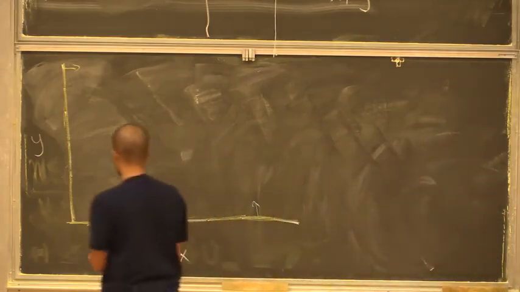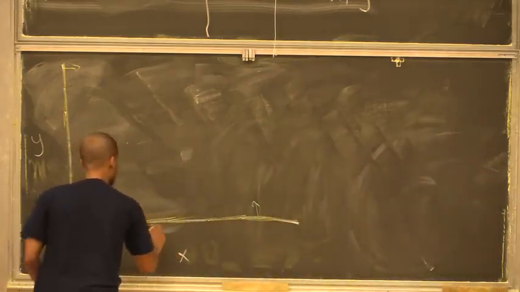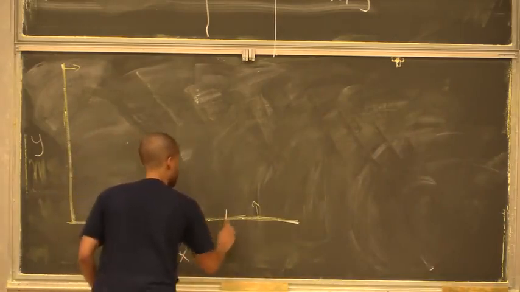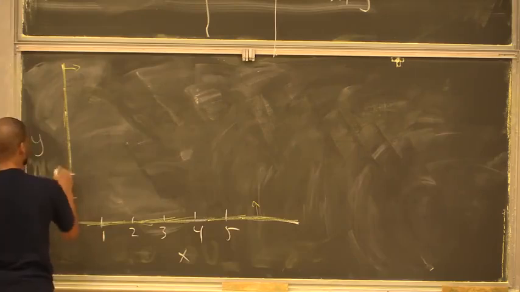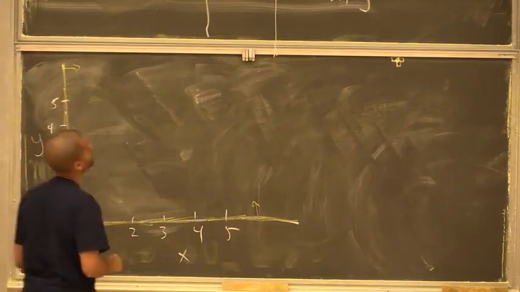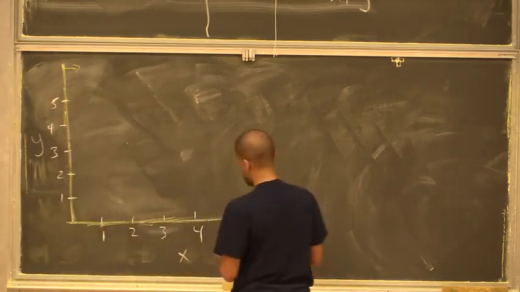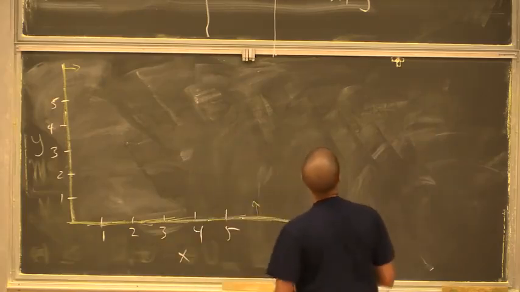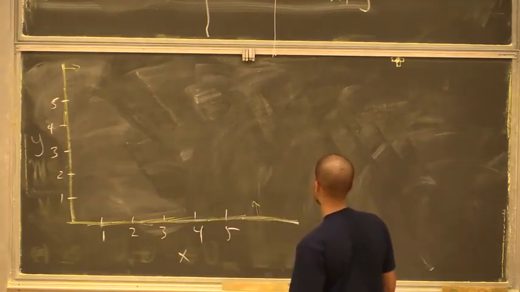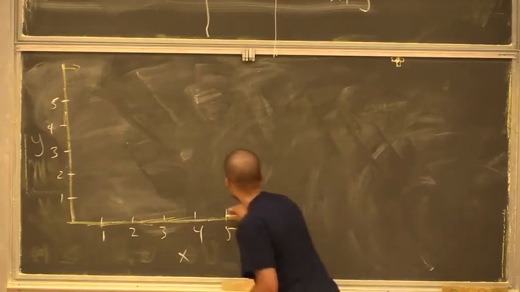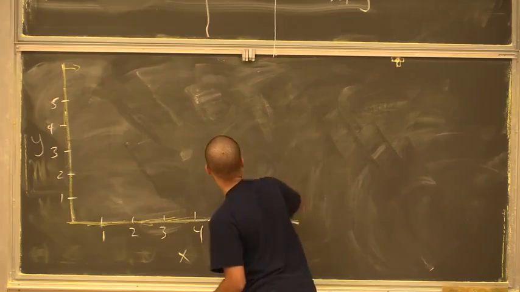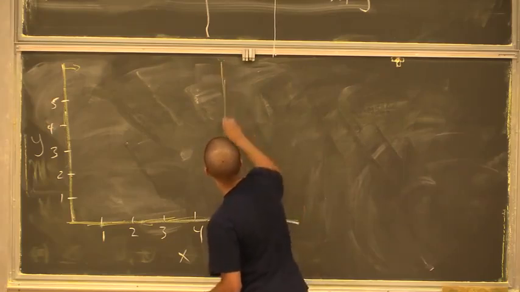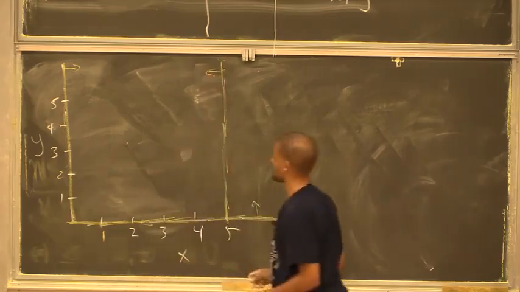So let me label this grid. 1, 2, 3, 4, 5, and then 1, 2, 3, 4, 5. So x has to be at most 5. That's this line. You have to be on this side of it.